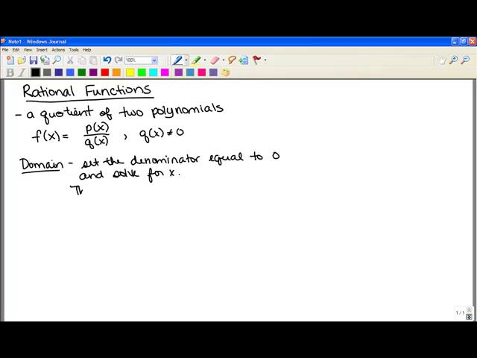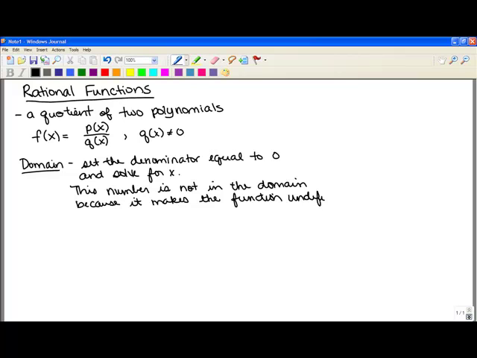This number is not in the domain because it makes the function undefined. We could have more than one number that is not part of the domain as well. Let's take a look at two examples here.